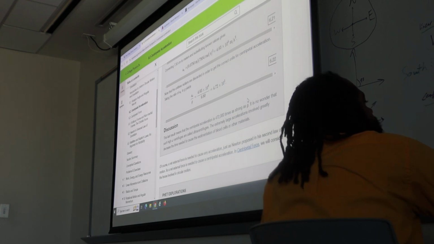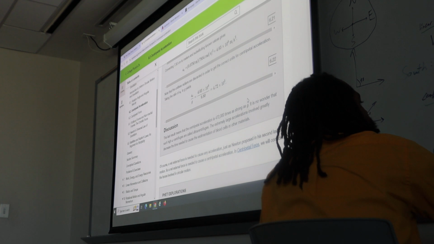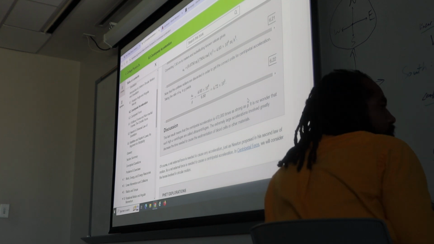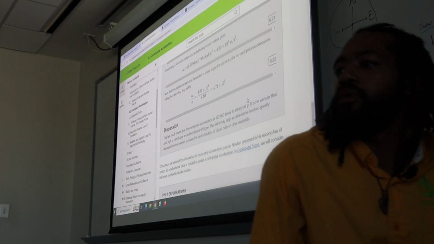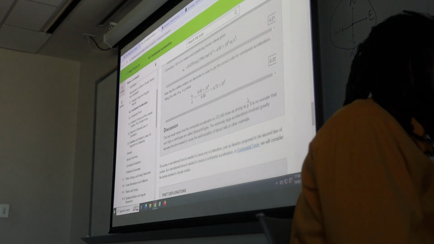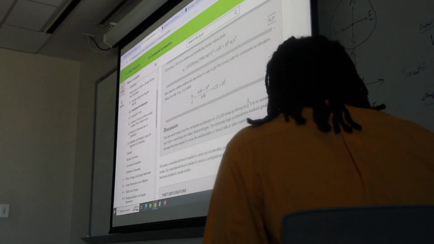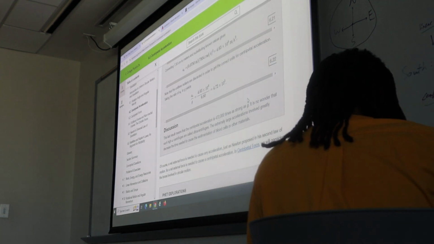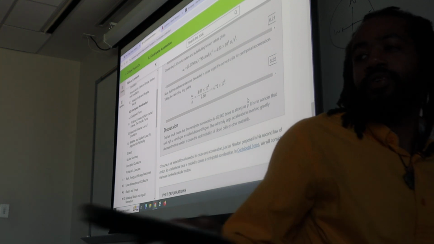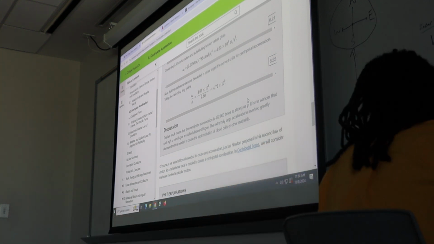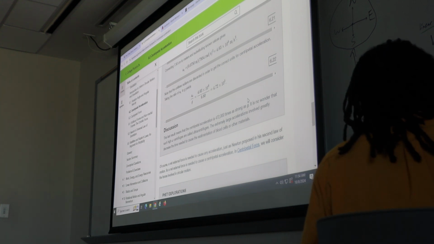So if I do 25.8 meters per second squared over G, 9.8 meters per second squared, then I can say I'm overtaking gravity by 2.6.